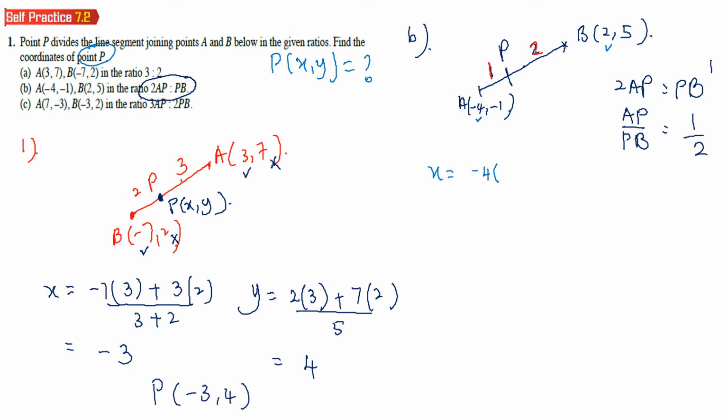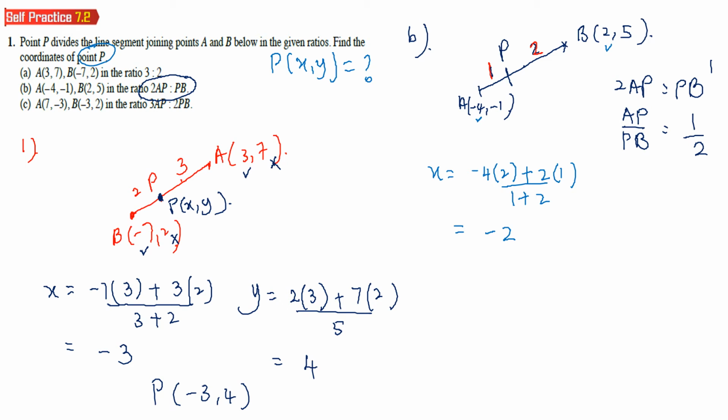Remember, opposite ratio. So multiply with 2, plus the second X, which is 2, multiply with the opposite one, which is 1. Then our ratio is 1 plus 2. So negative 8 plus 2 is negative 6. Negative 6 divided by 3, you will get negative 2.